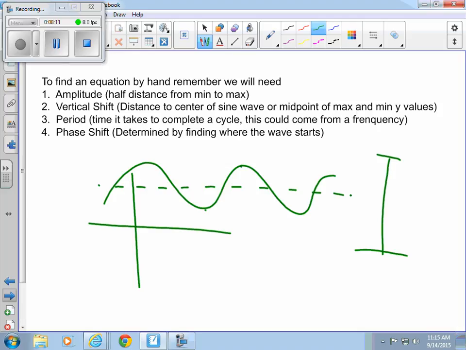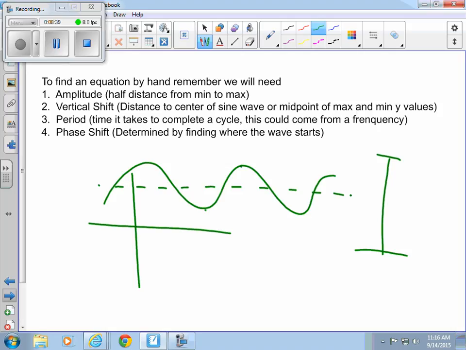So we're going to do some trig modeling two ways. We're going to do some by hand, and we're going to do some with the calculator. If you were an engineer, you would use a calculator. So the by hand part is trying to get a grasp on what the calculator is doing and how that relates to what we're doing in the real world and how all that works together.